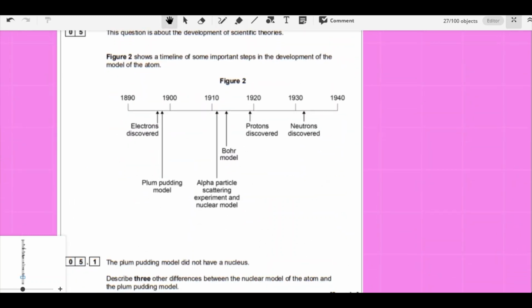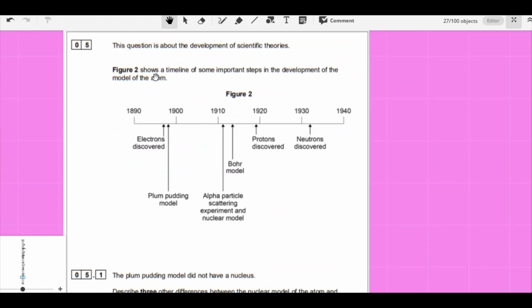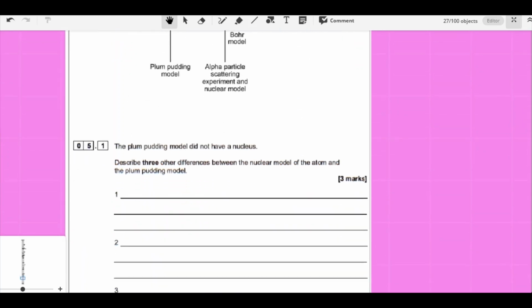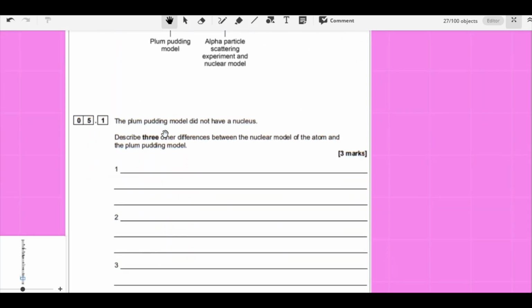Alright, okay, next question. This question is about the development of scientific theories. In the 1890s to 1900, there were 2 discoveries: the electron and the plum pudding model. Now the question is: the plum pudding model did not have a nucleus.